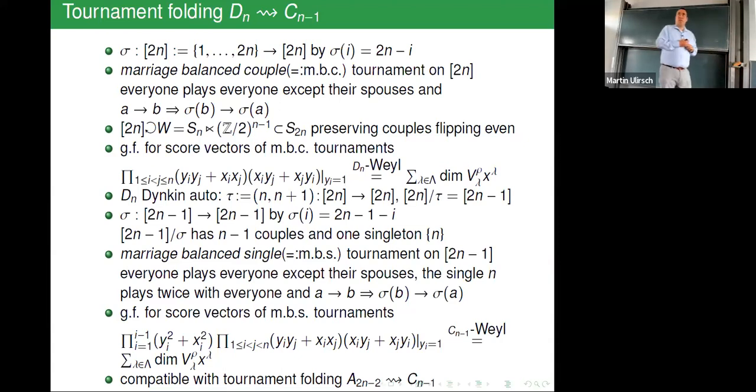So that's all. The moral is to show you that tournaments have the same kind of relationship to the representation of the underlying algebra, and they relate the same way to foldings as you expect from Higgs bundles.